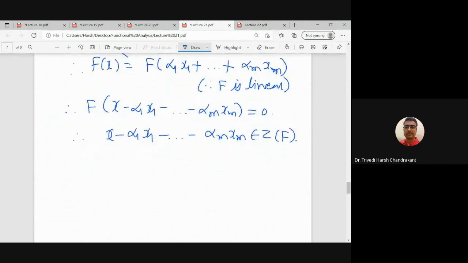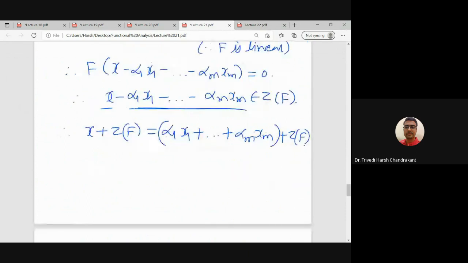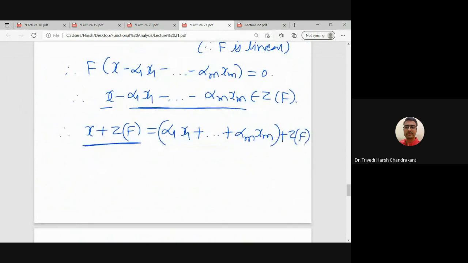And then we know that if the difference of two elements is in the kernel, then their cosets in the quotient space are the same. Right? So therefore x + Z(f) is the same as alpha 1 x1 + ... + alpha m xm + Z(f). So what does this say? This says we can write any element of the quotient space as a linear combination of elements of this form.